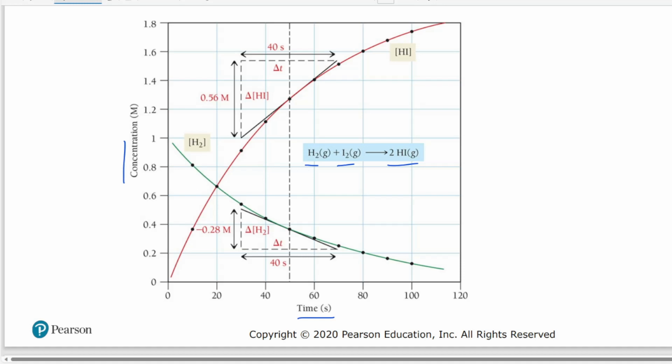So we see that over an interval of 40 seconds, the change in the H2 concentration is negative 0.28 molar, but the change in the HI concentration is 0.56 molar. So notice that the HI concentration is increasing twice as fast as the H2 concentration is decreasing, and this is represented in the balanced equation.